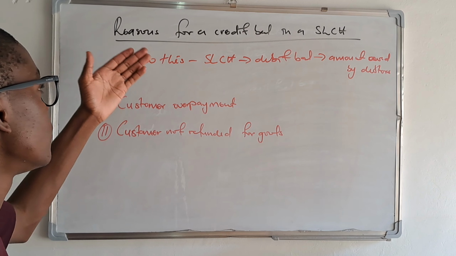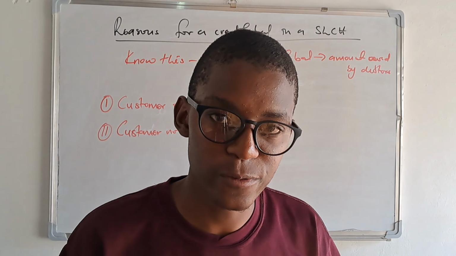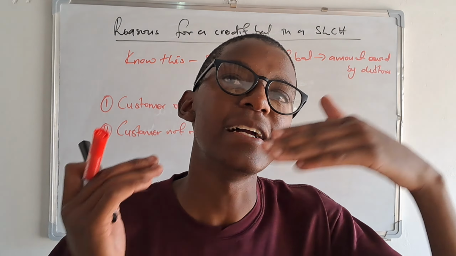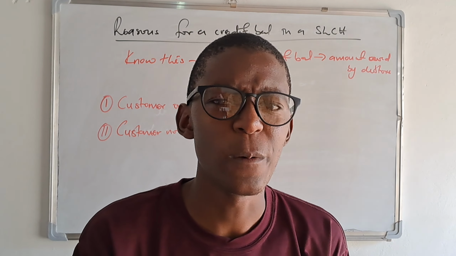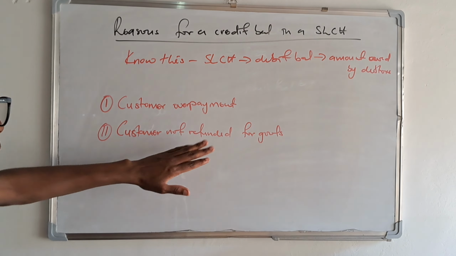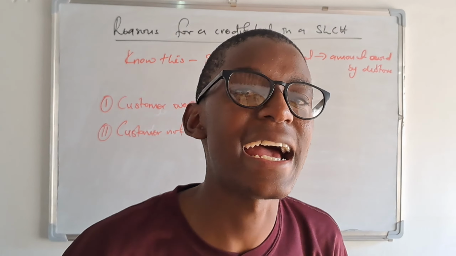Maybe the goods were faulty, but the customer has returned the goods to the business, which he paid for in full, but we haven't refunded the customer. Suppose the customer is Bonghan.